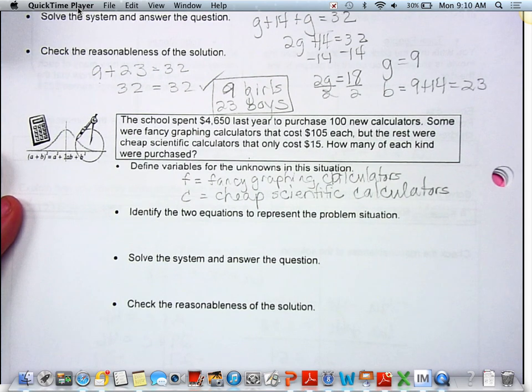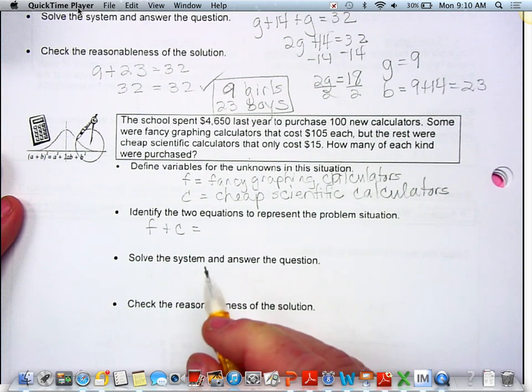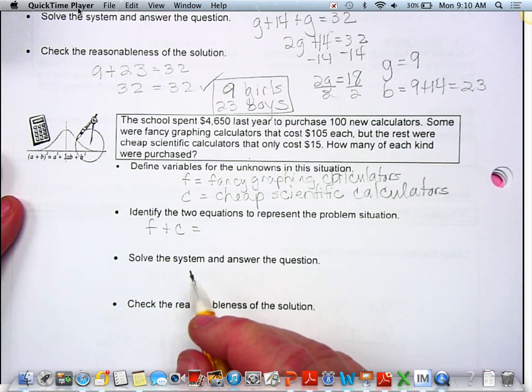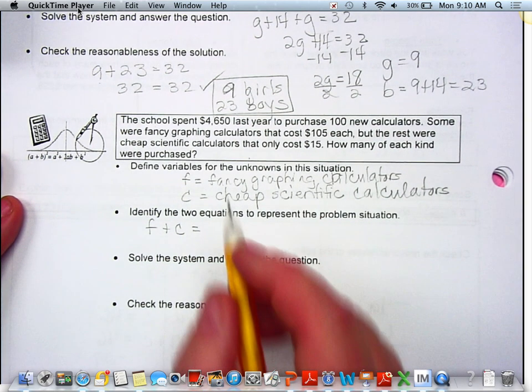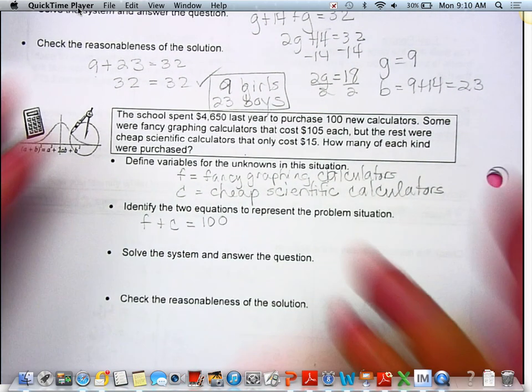Okay, so what two equations do we have? F plus C equals 4650. Okay, no, F plus C would actually equal 100, because you're saying the number of fancy calculators plus the number of cheap calculators.